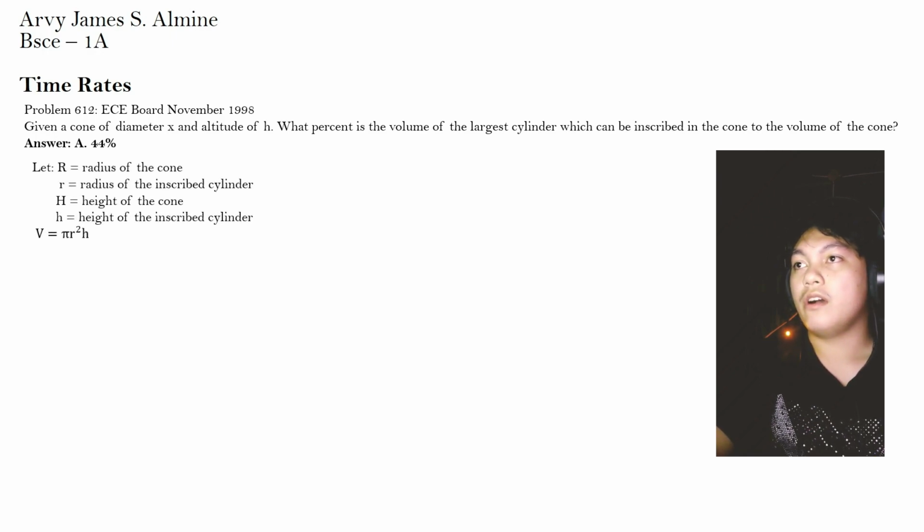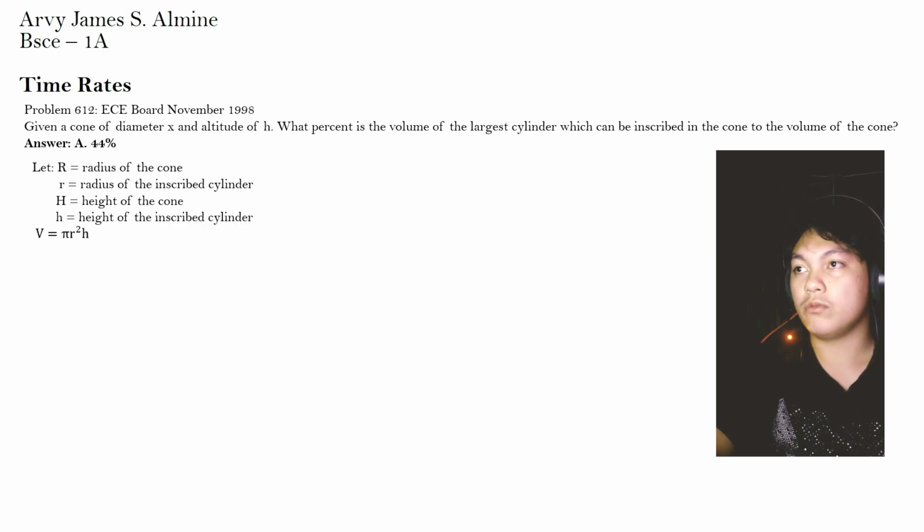We let R equal the radius of the cone and small r the radius of the inscribed cylinder. Capital H equals the height of the cone. Small h is equal to the height of the inscribed cylinder.